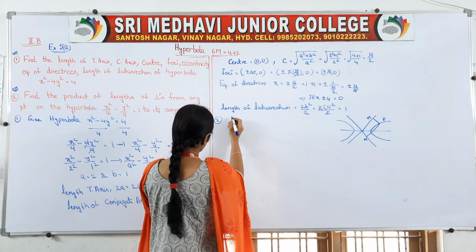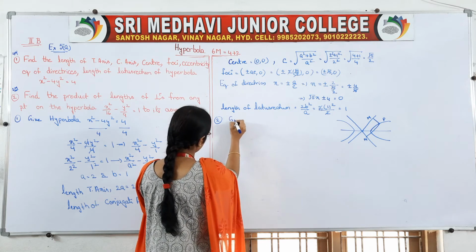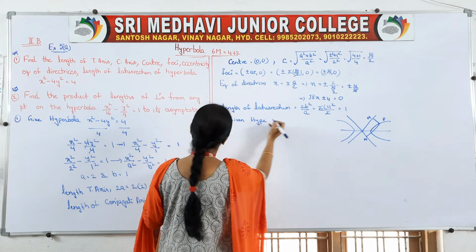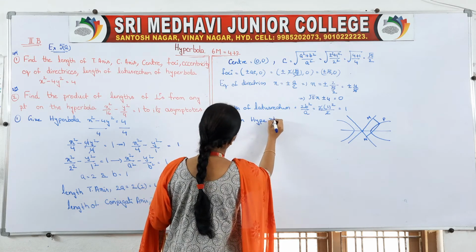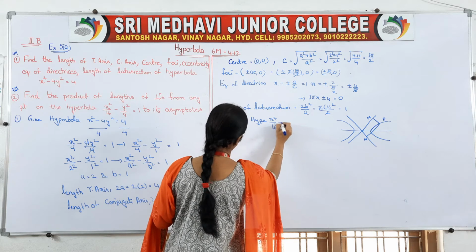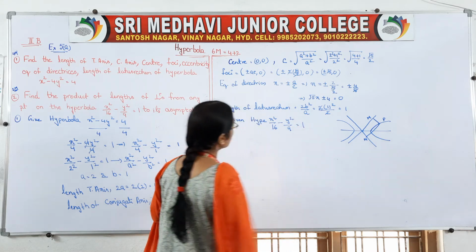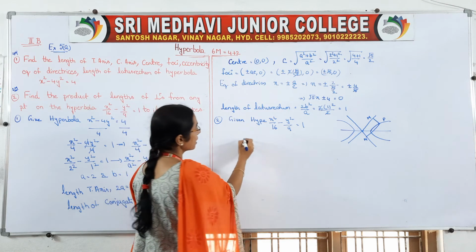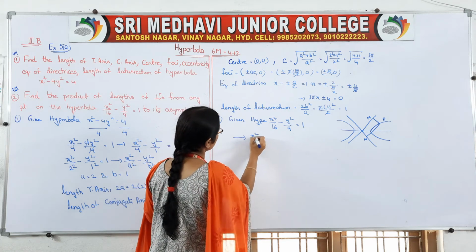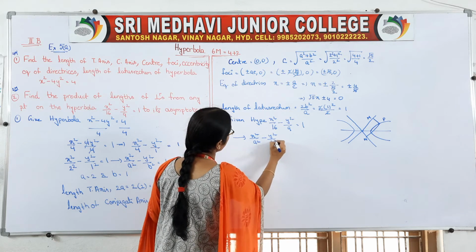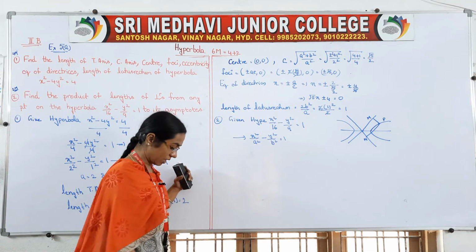What is the given hyperbola equation? X square by 16 minus y square by 9 is equal to 1, which is exactly in which form? X square by a square minus y square by b square is equal to 1, isn't it?